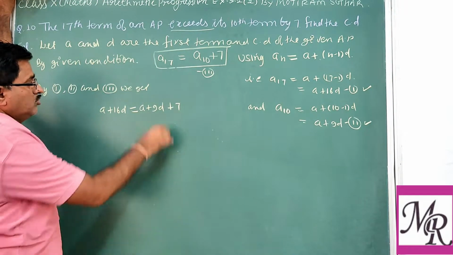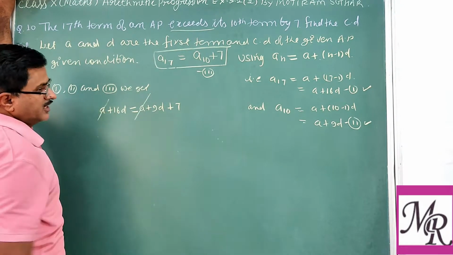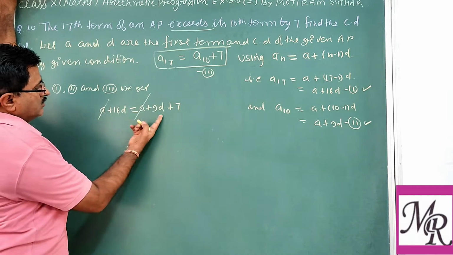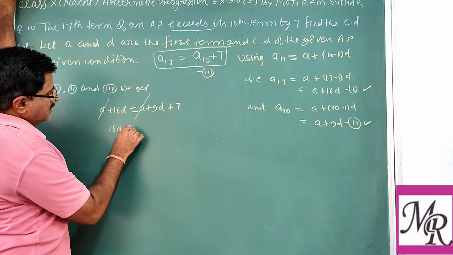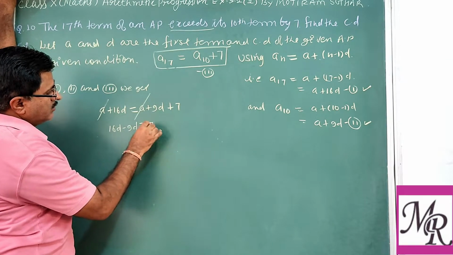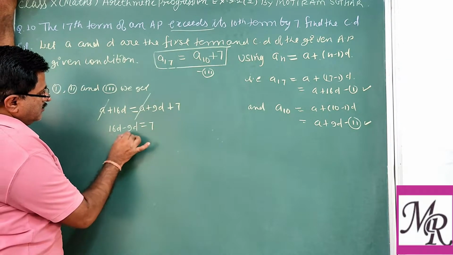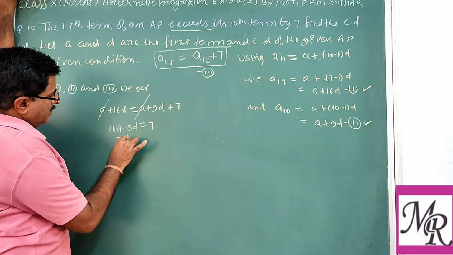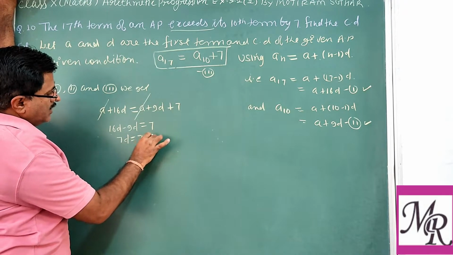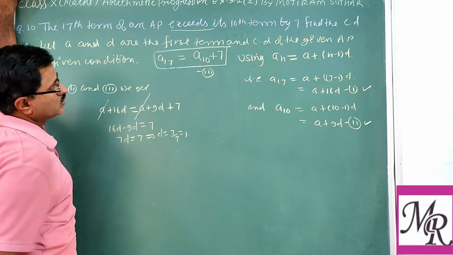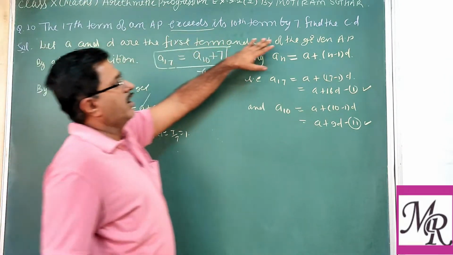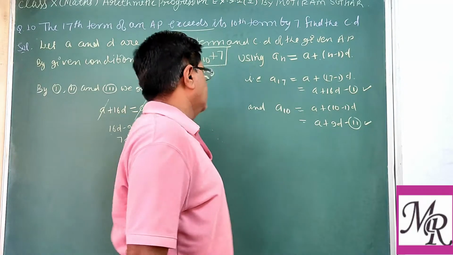Now you solve this. A on both sides cancels out. Now 9d transfer to this side: 16d minus 9d equal to 7. 16 minus 9 is 7. So we get d equal to 7 by 7, that is 1. The question says you have to find the common difference, so d means common difference.